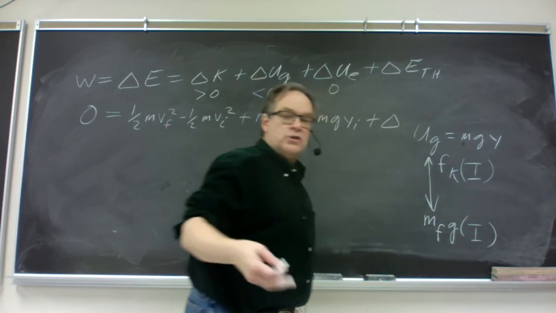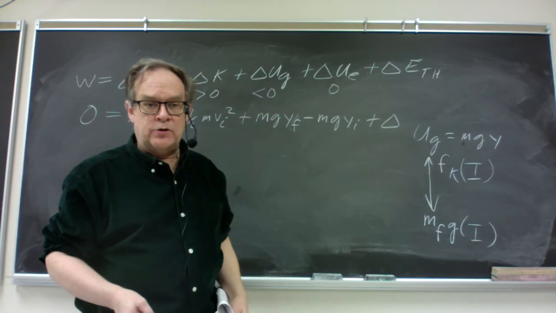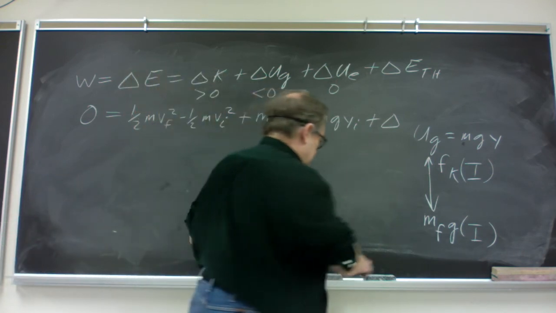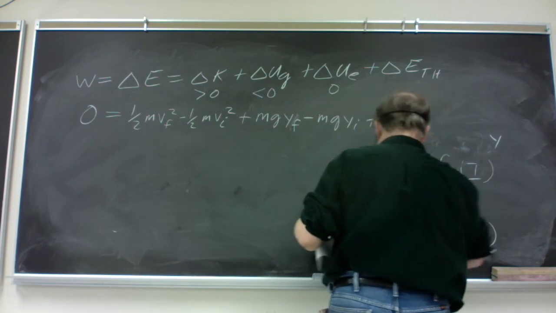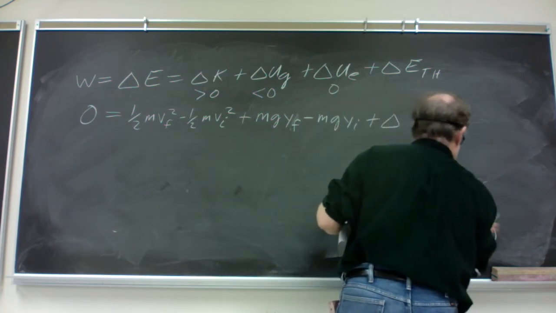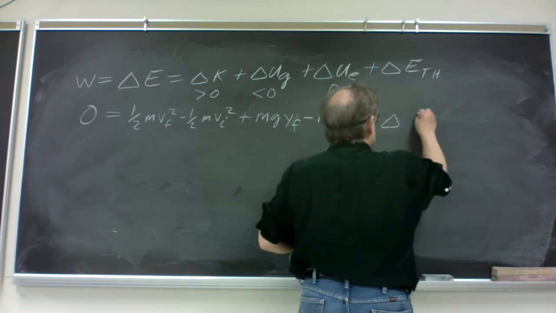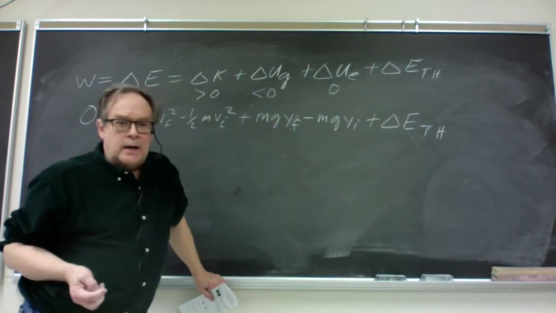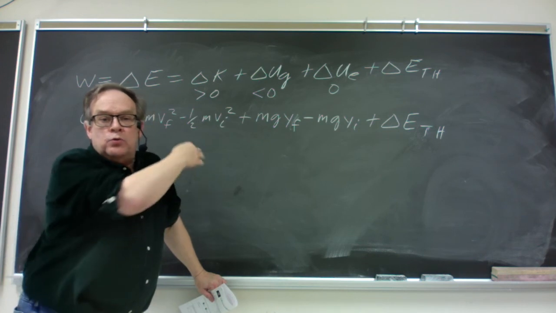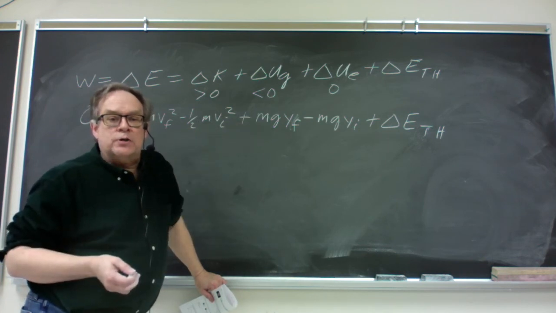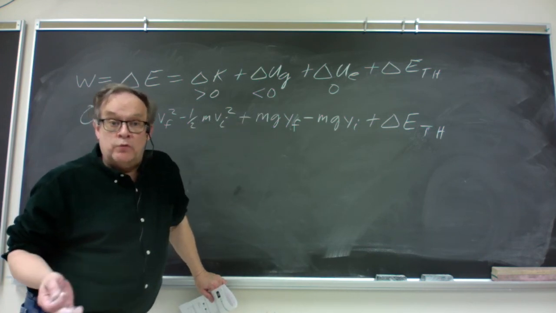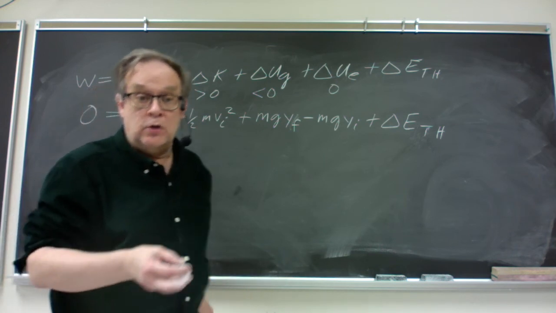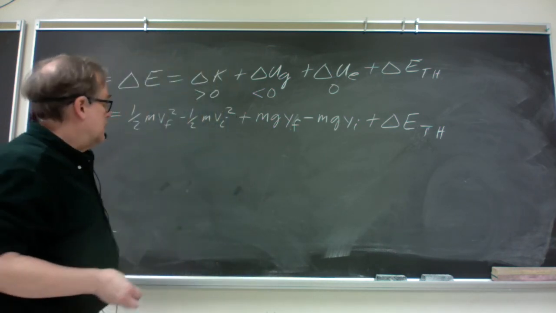We don't have an equation for change in thermal energy, so we'll just call it change in thermal energy. And now we know enough numbers to insert numbers into this equation so that when we're finished putting in numbers, the only unknown is thermal energy, and we can solve the equation for thermal energy.